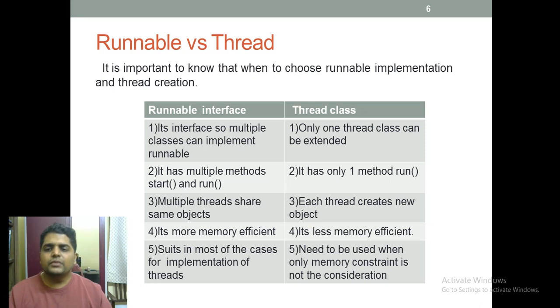So this video was all about multi-threading. I've given a gist of what a thread basically is, what its life cycle is, what the various methods are, what the various ways it can be created are, and, as a point of differentiation, when to choose which way of creation.